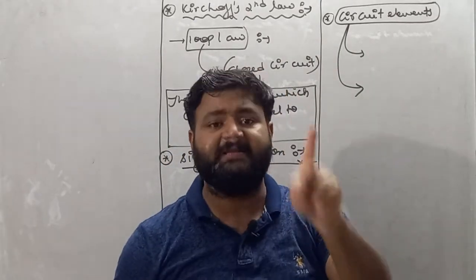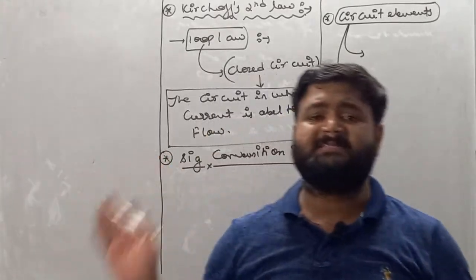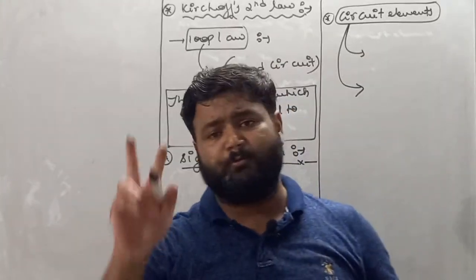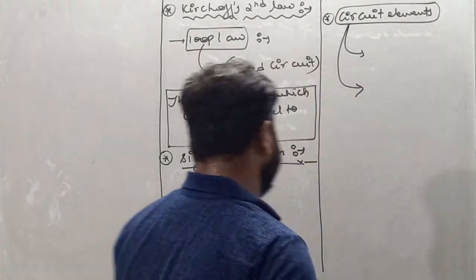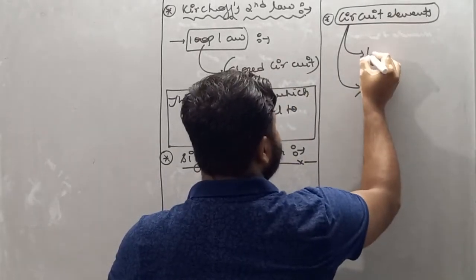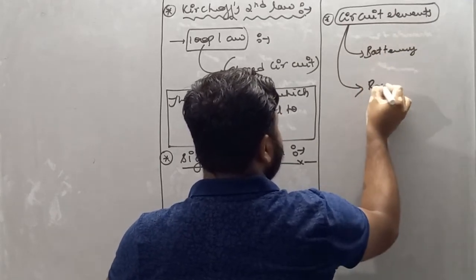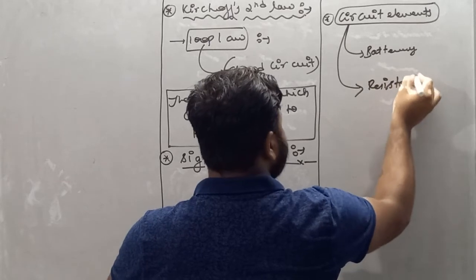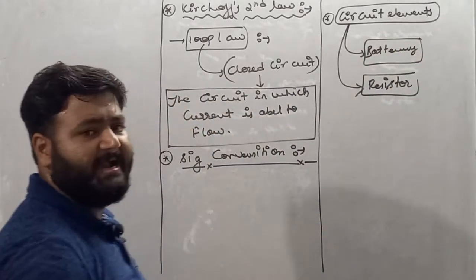One is battery and the other is resistor, because in this chapter we'll encounter only these two circuit elements. So I'll write here: circuit element means battery and resistor.